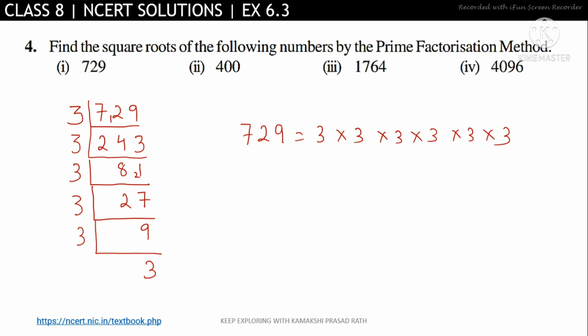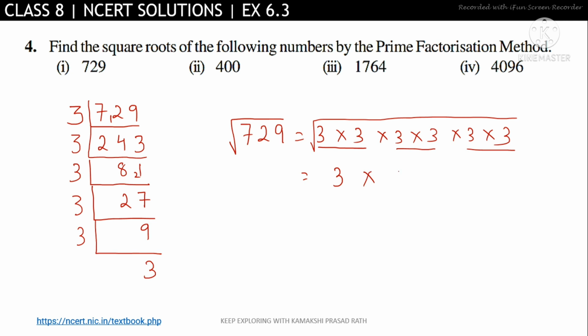Now we'll take out the square root of these numbers. So the square root of 729 will be equal to the square root of this product. As discussed, we will first find the pairs of the prime factors. We see this is one pair, another pair, we have got 3 pairs. So from each pair we will take one prime factor. So 3 into 3 we take out 3.